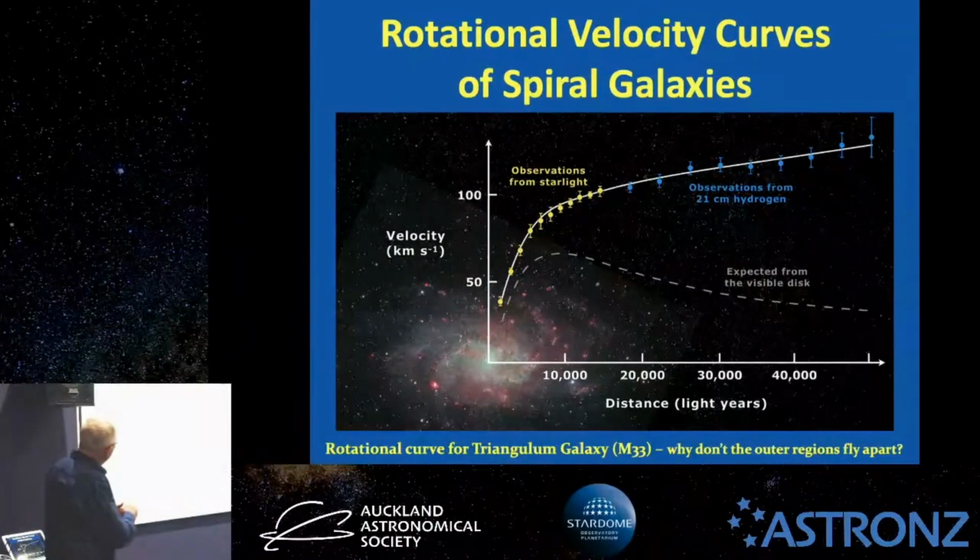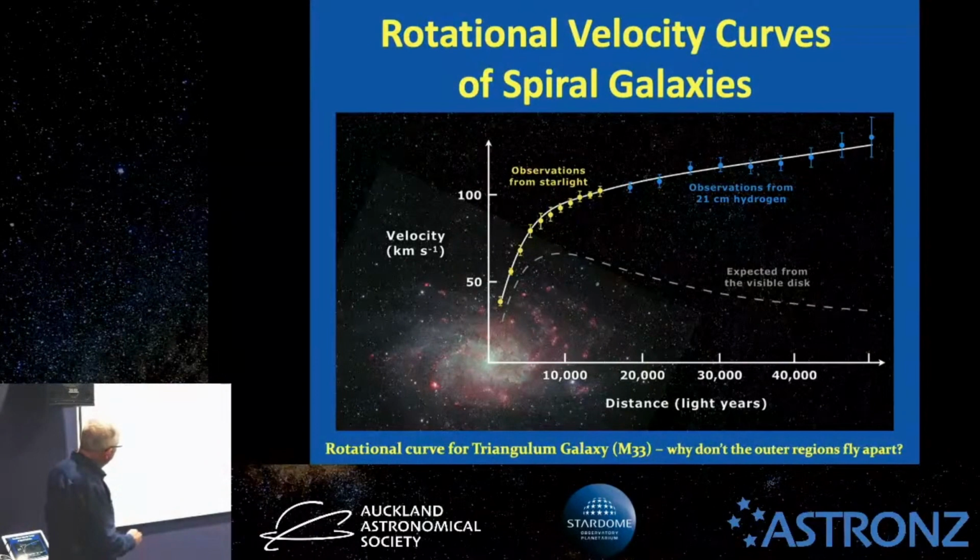What she did was measure the velocity at which stars and all the gas in these spiral galaxies were rotating in orbit around the centre of their respective galaxy. She was able to plot velocity in kilometres per second as a function of the distance from the centre of the galaxy in light years. She did that for a series of galaxies, and this one's the Triangulum.